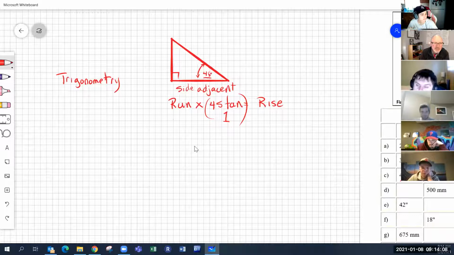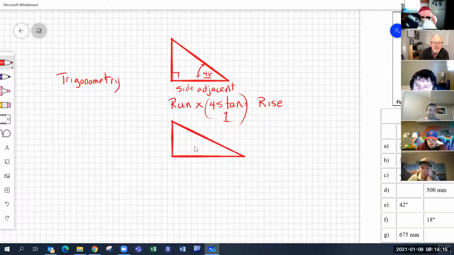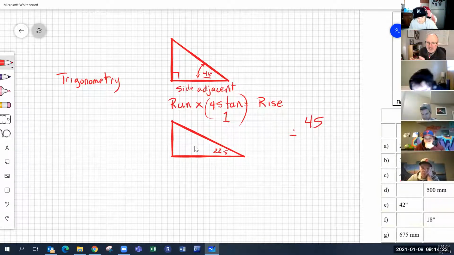So similarly, if I had a different angle in there, for example 22.5. When I cut a 45, if I go 45 and divide it by 2, that's going to equal 22.5. Is that right?